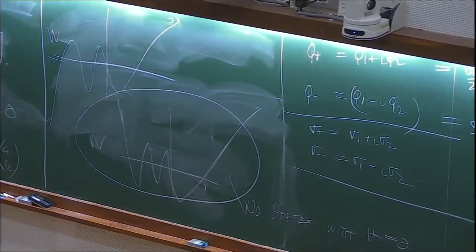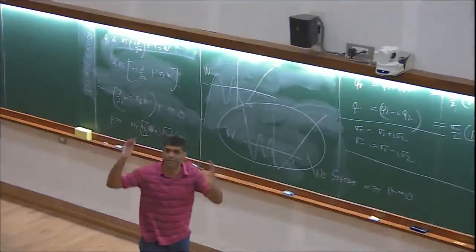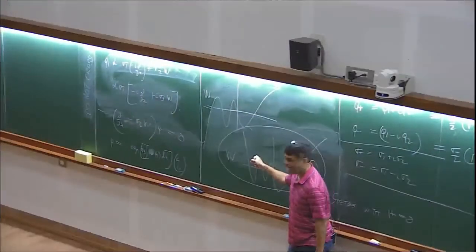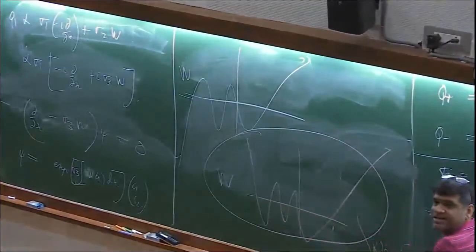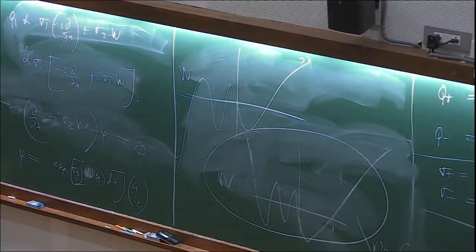Can I repeat? Okay. Let's look at this integral of W(x) as a function of x. Forget about the sigma 3 for a moment. Suppose W was a function like this. Then, clearly, as x goes to infinity, the integral of W is positive, whereas as x goes to minus infinity, the integral of W is negative.